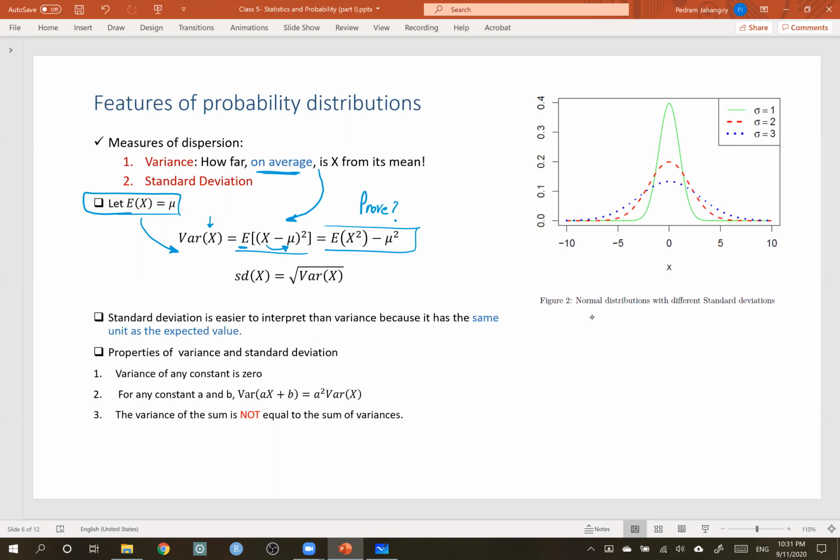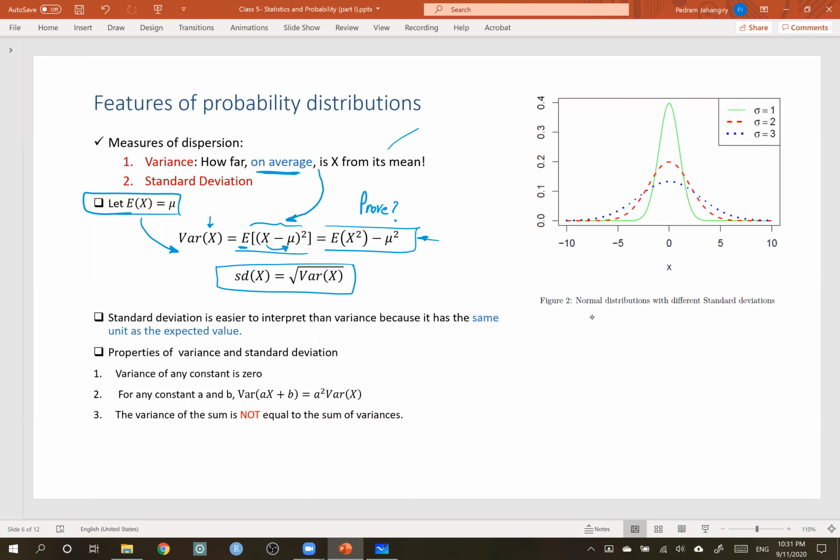It's not that complicated. You only need to open up this thing and then use the properties of expectations in slide 3 or 4, we talked about it, and then try to go from the left part to the right part. All right, when we know the variance, we can easily come up with the standard deviation, which is the square root of variance.